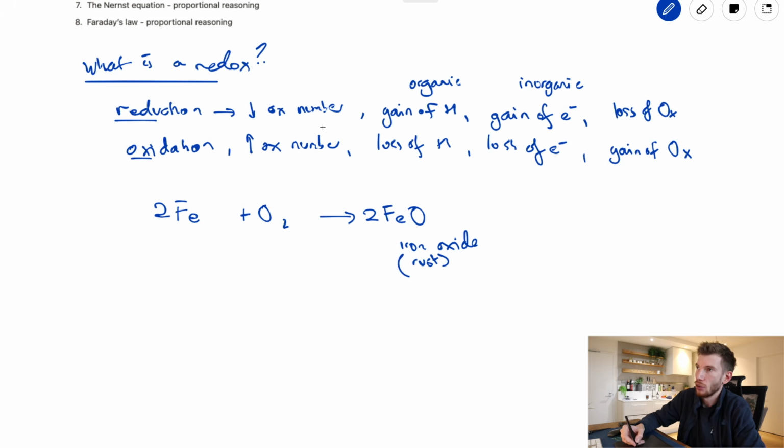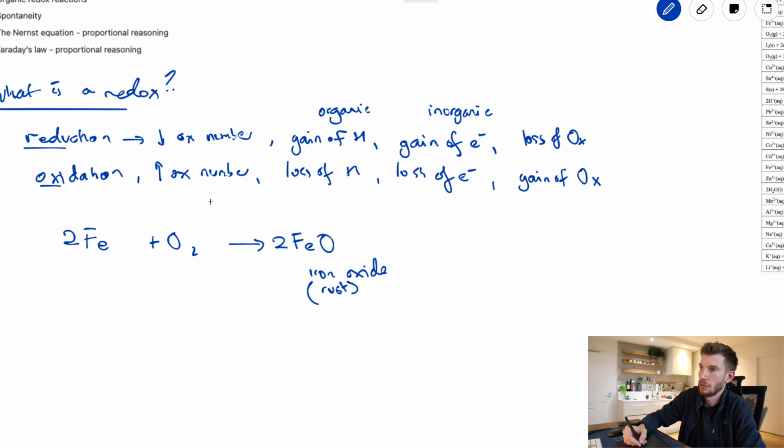Really all it is just transferring electrons. So you'll notice that given that they're actually happening in pairs, going into oxidation numbers, the oxygen went from 0 state to 2-, so it overall reduced its oxidation number. The iron went from a 0 state into a 2+ state, so it increased.